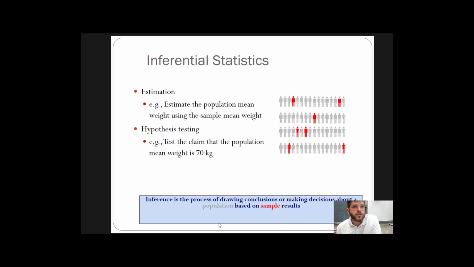Like one question you could ask is, is there a relationship between mask wearing and new COVID-19 cases in the city? So you have two variables there, mask wearing and COVID-19 cases, and to see if there's a relationship between those two, we have to use inferential statistics, some sort of method to determine if there is a relationship. And we'll get more into that later in the semester.